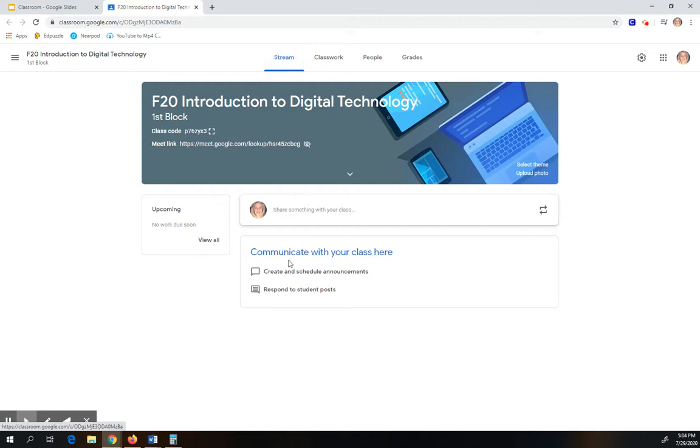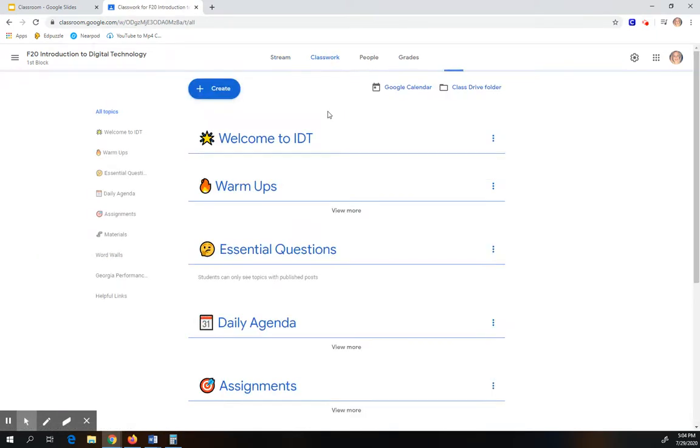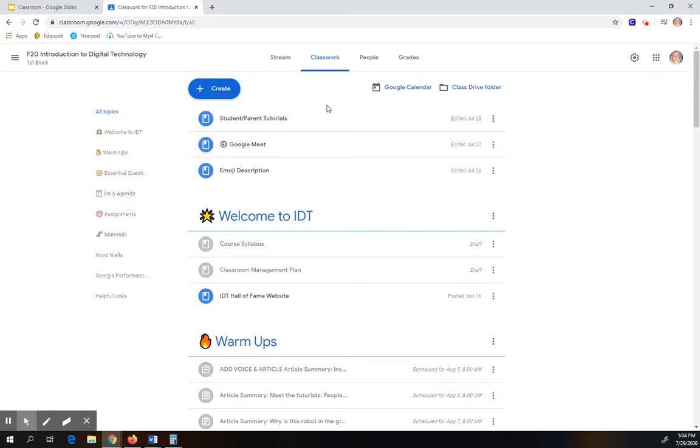The stream, I may communicate something to the class here, but there won't be a lot of posts that you're going to find on the stream. I actually like to use the classwork tab the most, and the reason why is because I have it organized into topics. So it's very easy to move around and find exactly what it is that you're looking for.